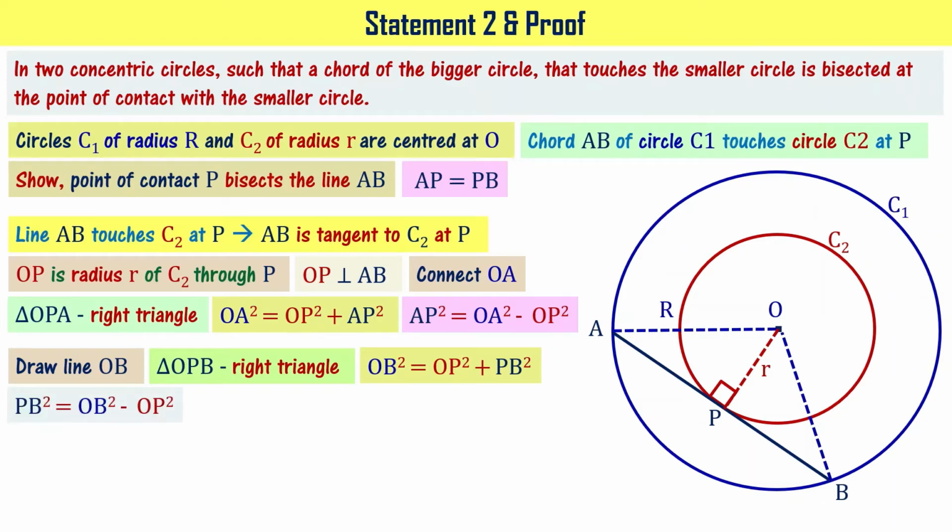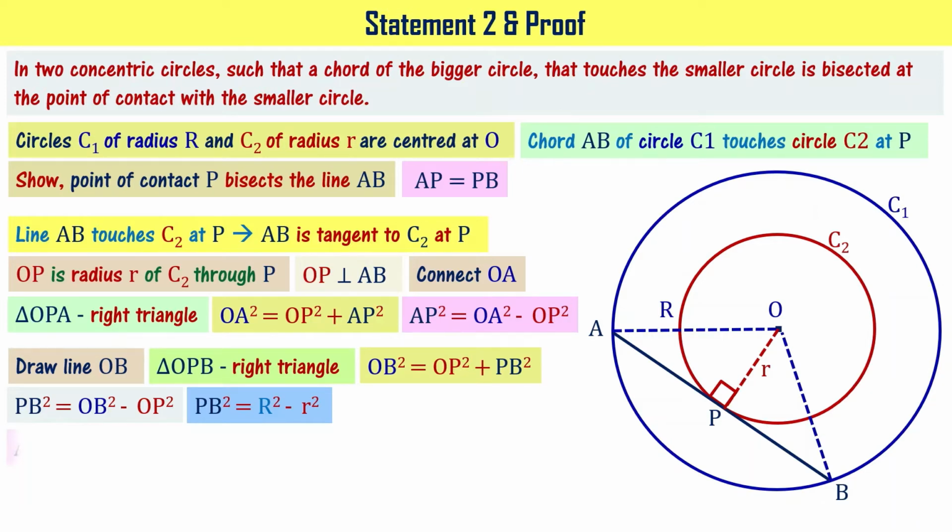Let me rearrange this and write it as PB square equal to OB square minus OP square, right? We know that OB is equal to capital R and OP equal to small r, right? So that we can write PB square as capital R square minus small r square, right?